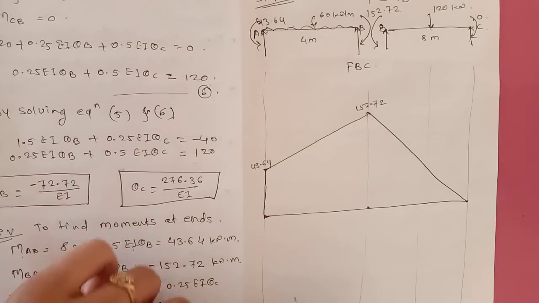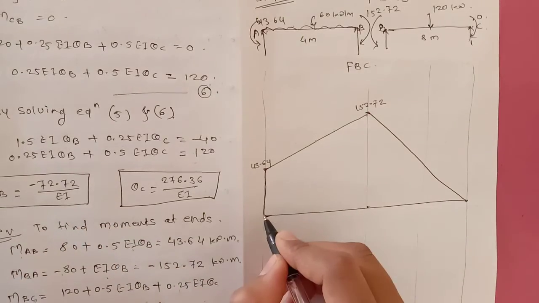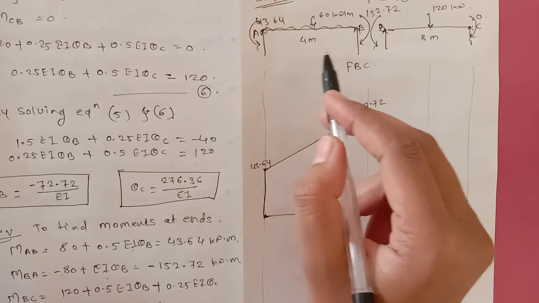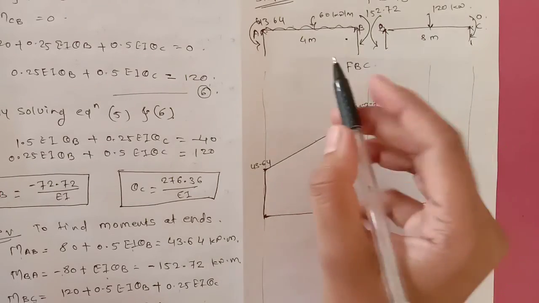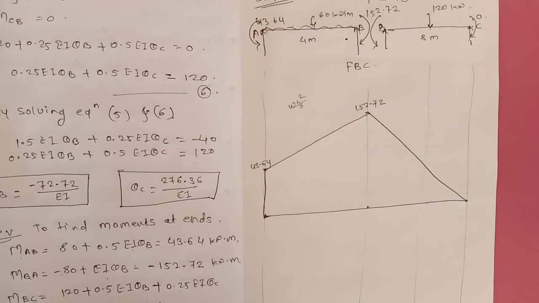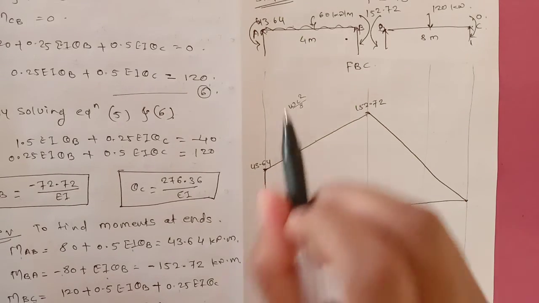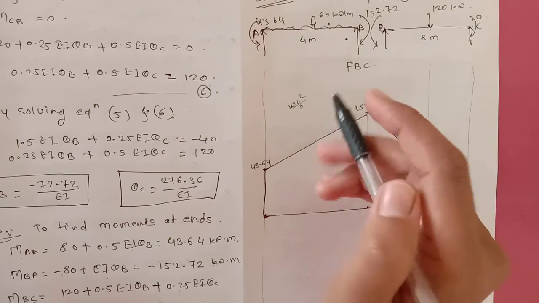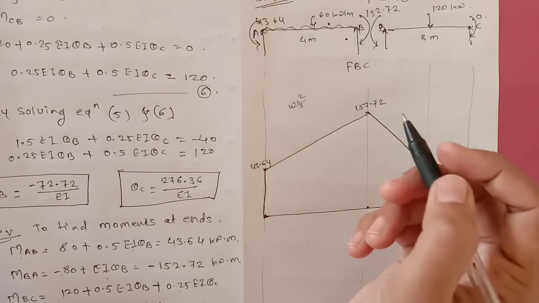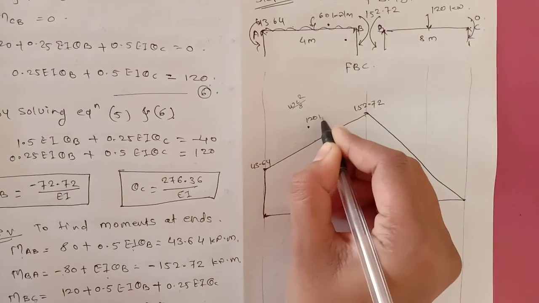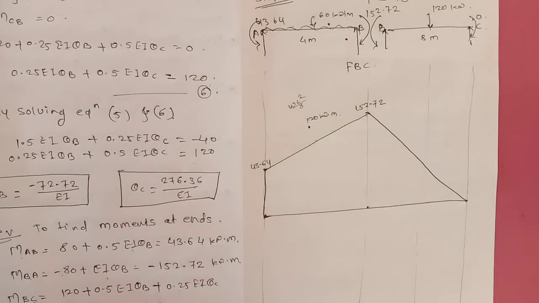And then after that, the bending moment. We know that if UDL acts, then the formula is WL square divided by 8. So here W is 60 multiplied by 4 square divided by 8. This value is 120. So here 120 kilonewton meter.